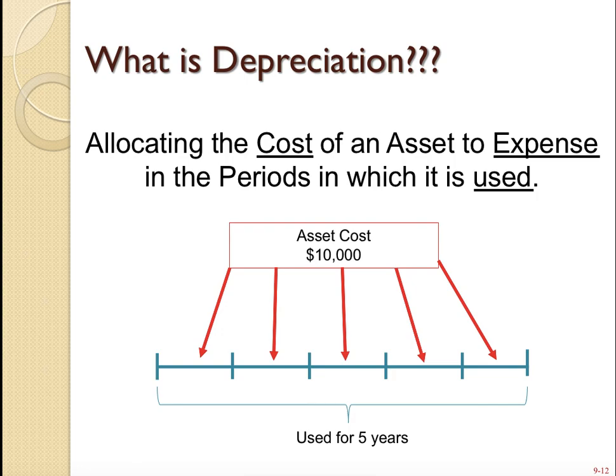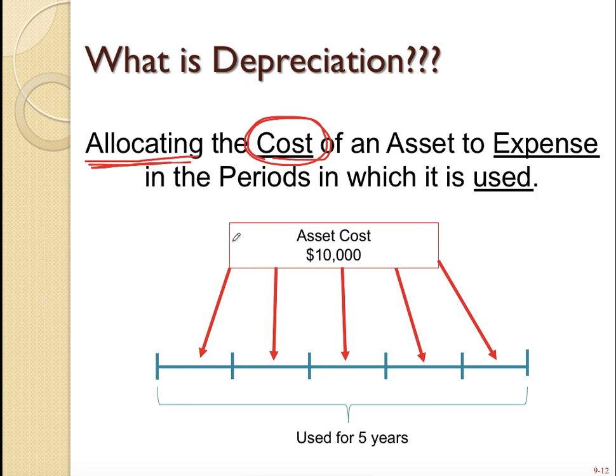But in accounting terms, depreciation means allocating the cost of an asset to expense in the periods in which it is used. Okay? So that means that asset cost that we talked about in the first phase of the asset life, whatever that asset cost us, we have to spread it out. So that's what allocate means. Allocate means to spread out that cost over the years when we're going to use it.